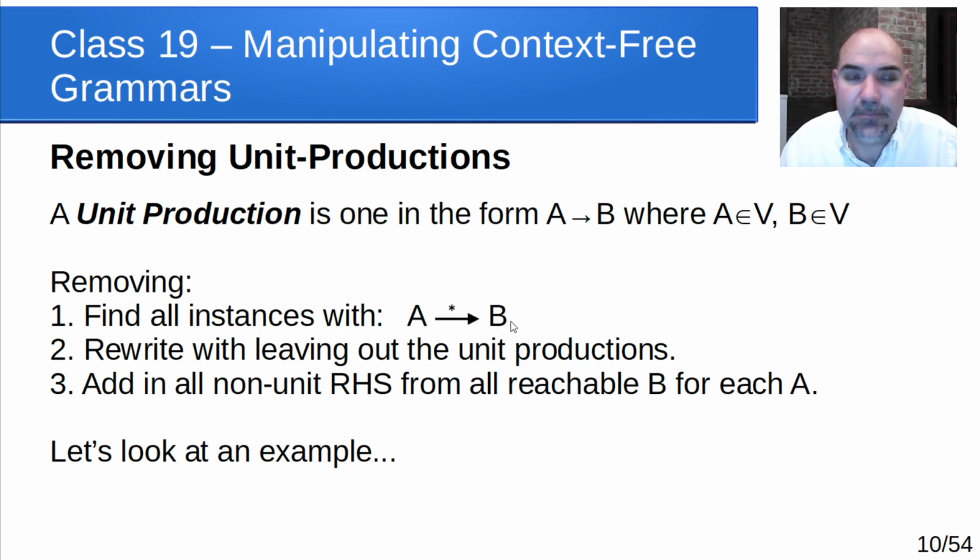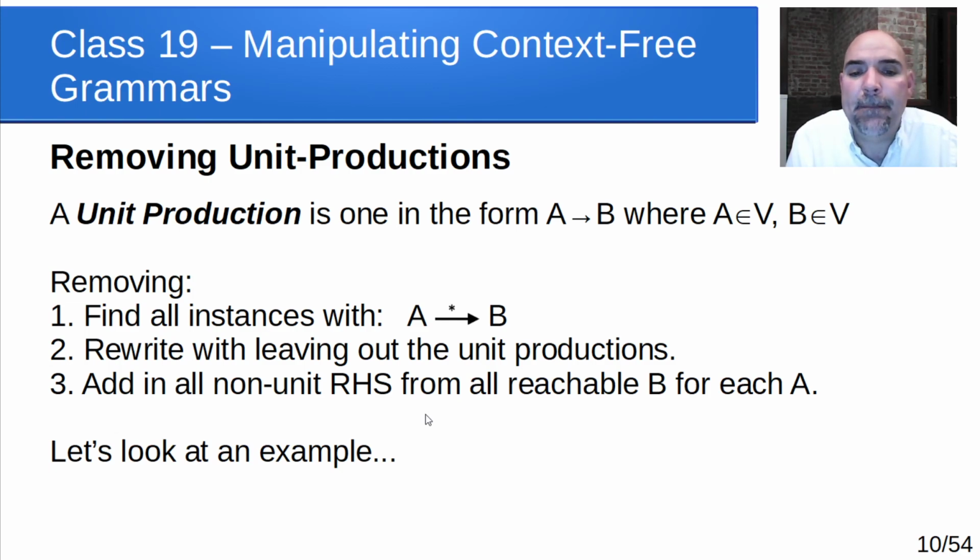We get rid of those. Now, there's one other step though, and that's now we have to add in all non-unit right-hand sides from all reachable B for each A. So in other words, A can get to B. We have to write the right-hand sides of this in place of, as new productions for A. And again, this will make more sense when we look at an example.